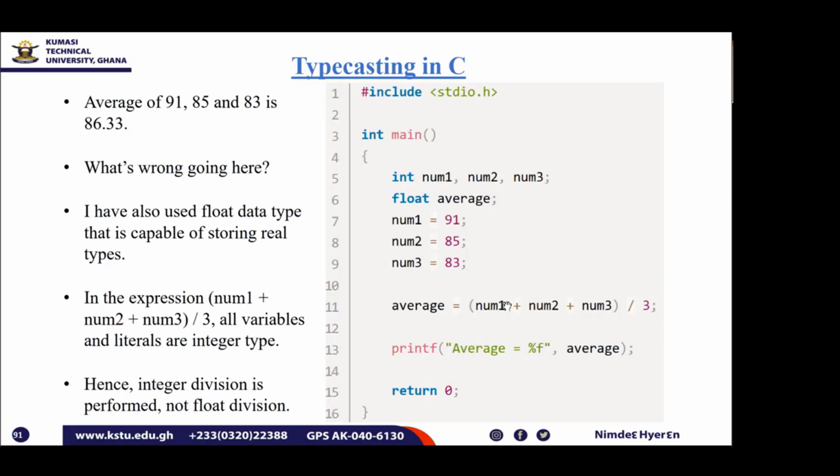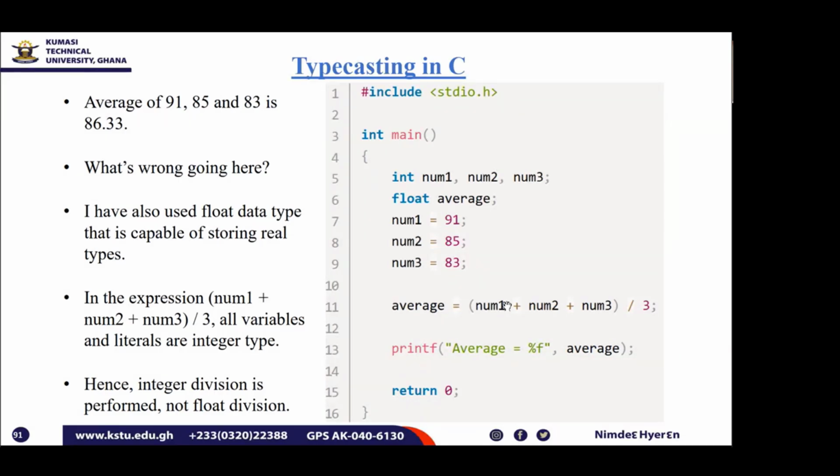So let's look at this example here, just to illustrate typecasting in C. We want to find the average of 3 numbers. And even though the numbers are all integers, their average is giving us a float.